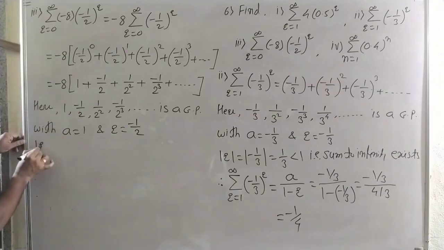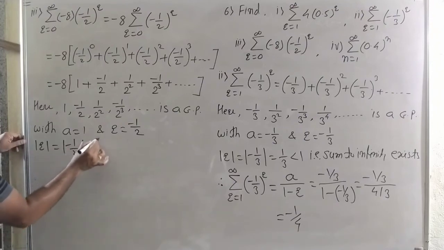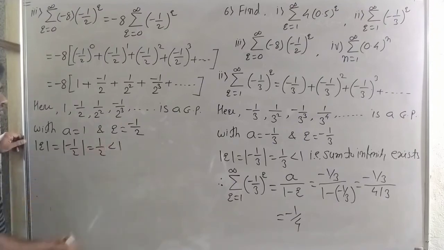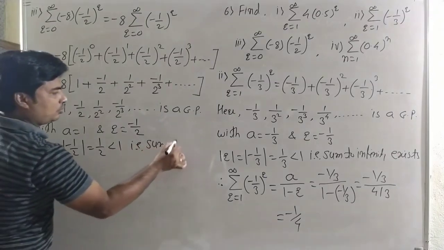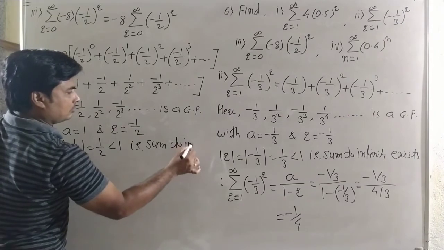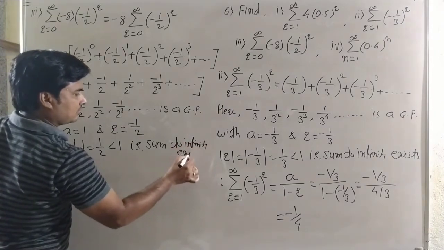Now we take mod r is equal to mod of minus 1 by 2, that is 1 by 2, which is less than 1, that is sum to infinity exist.